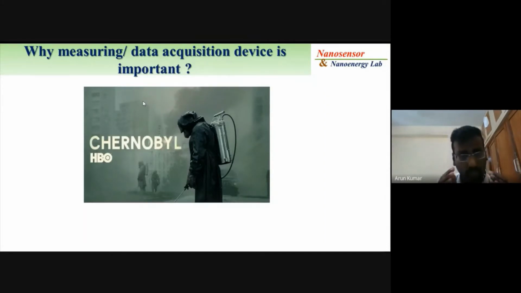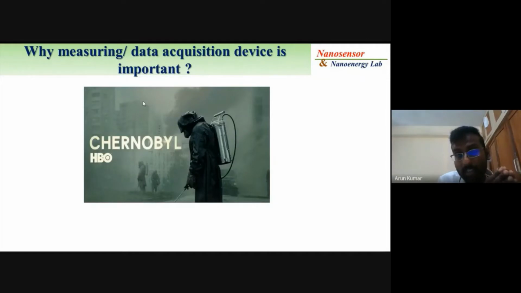But after an hour or two, some place 500-600 kilometers away from where the disaster happened could sense radiation, while here they were saying the radiation was very low.